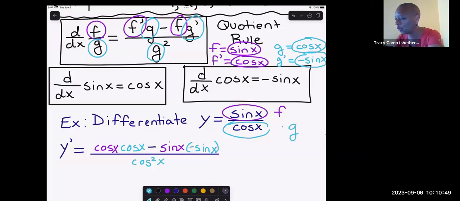Just a little note: typically when we square trig functions, we write cosine squared x, putting the square between the last letter and the x.